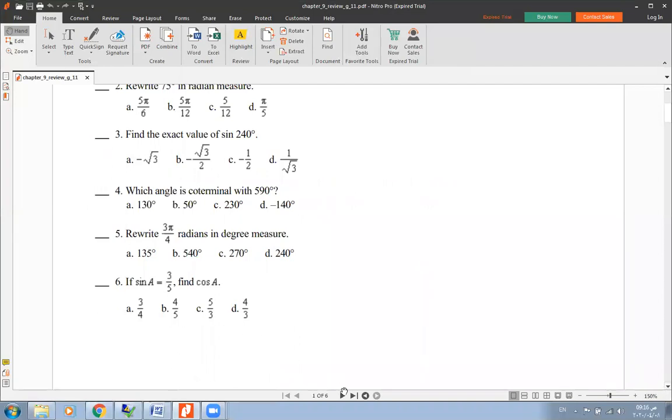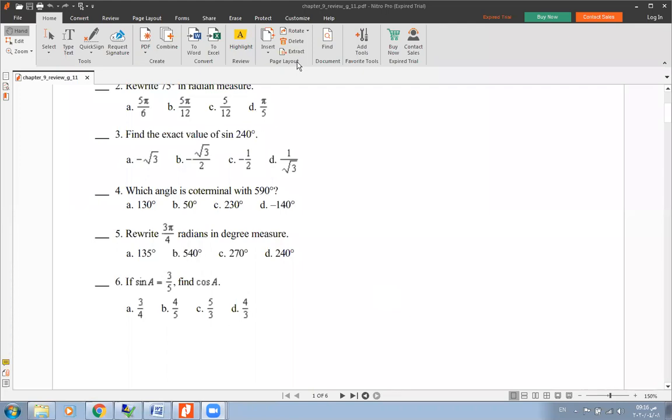Number 5, I'm going to Abdurrahman. Rewrite 3 pi over 4 in the form of degrees. You have here an angle with the radian measure, and I need to change it into a degree measure.